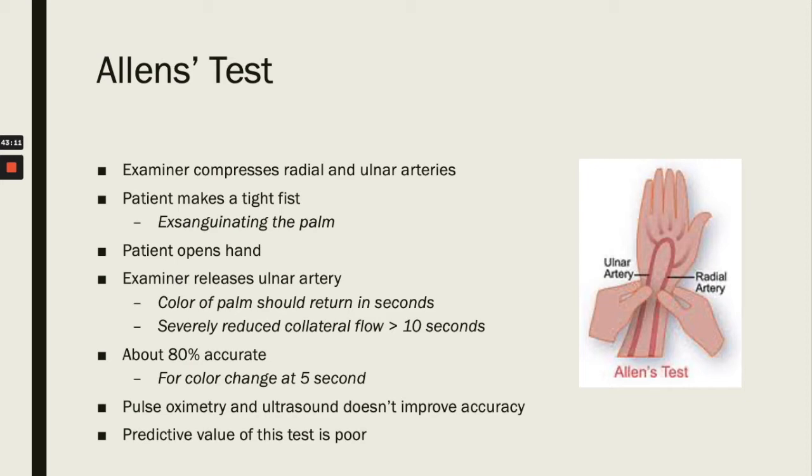Okay, so an Allen's test basically attempts to detect if the patient has reduced collateral blood flow. Initially the examiner compresses the radial and ulnar arteries, and the patient will make a tight fist to exsanguinate the palm, or remove the blood flow from the palm.